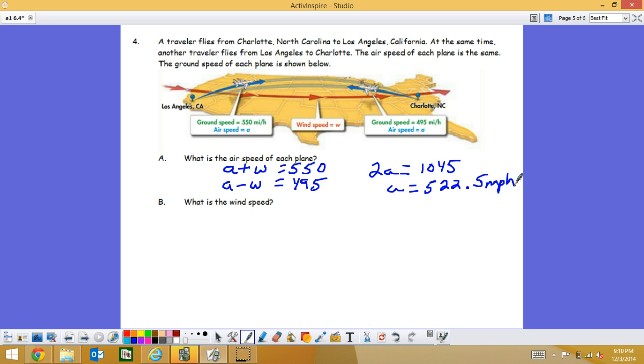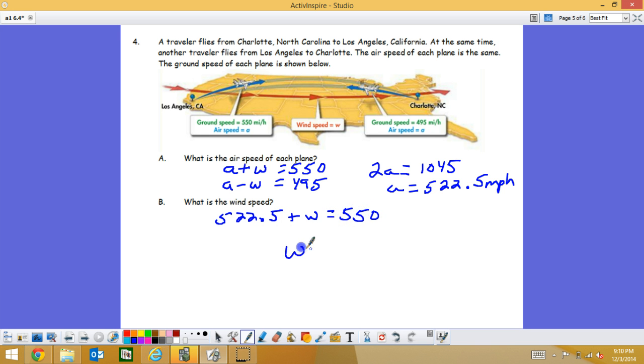And then the wind speed, when we take 550, if we put that in, 522.5 plus W is equal to 550.